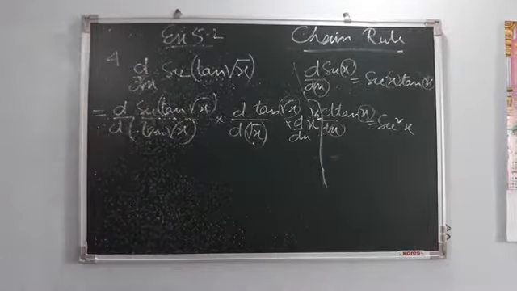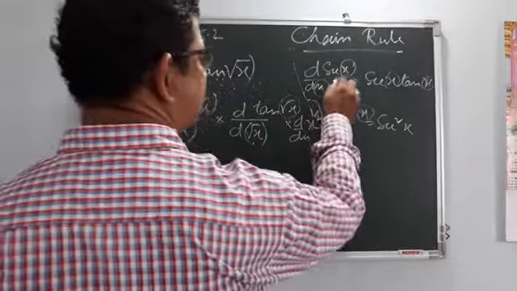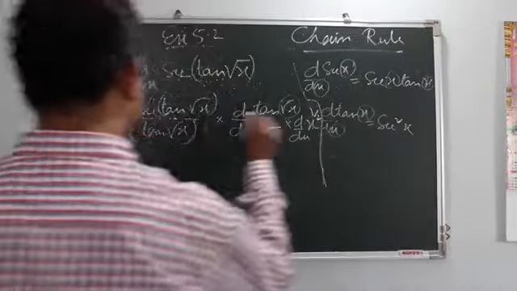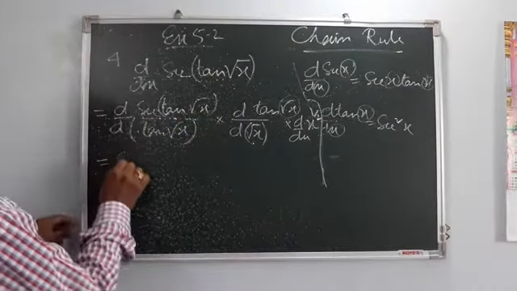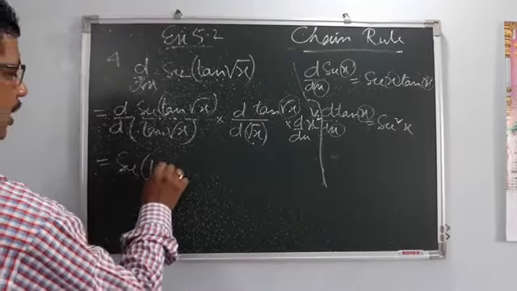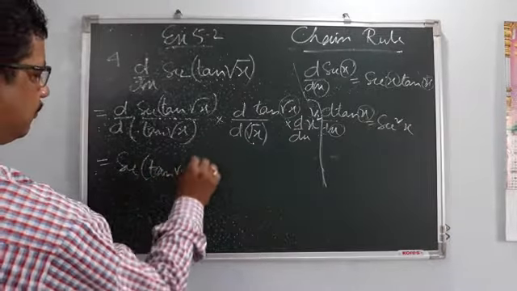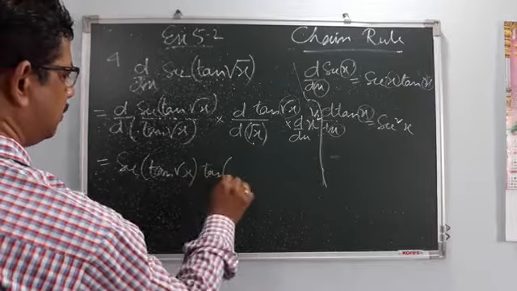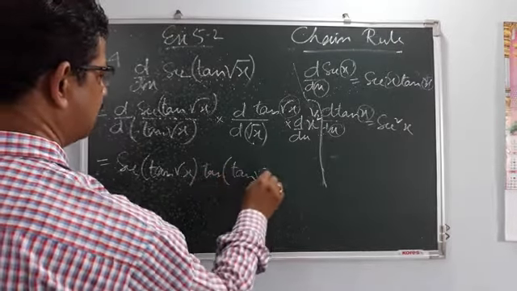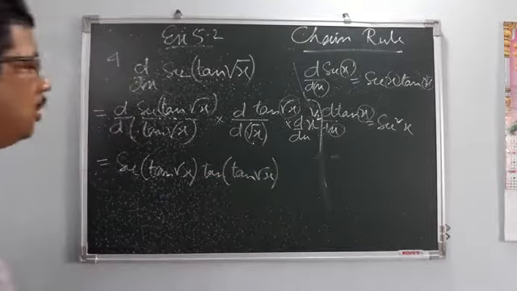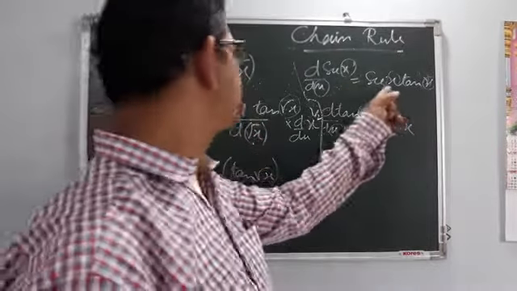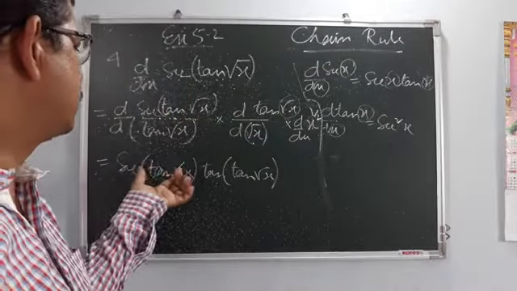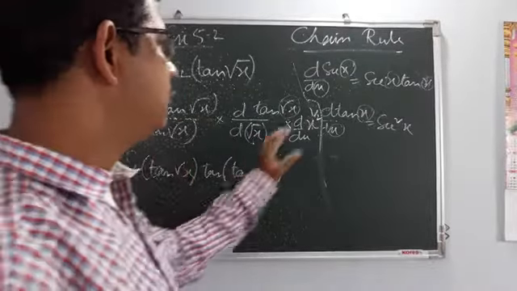Now we will use the formula. Differentiation of sec x is sec x tan x. So here we will write sec tan root x, tan root x. What we have done is, in place of x, we have written tan root x. So sec this one, tan this one.